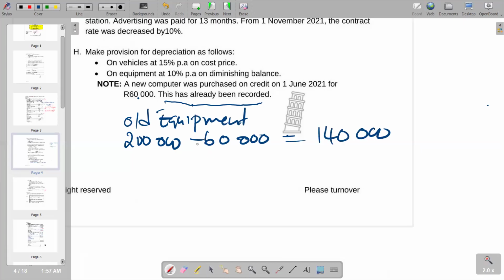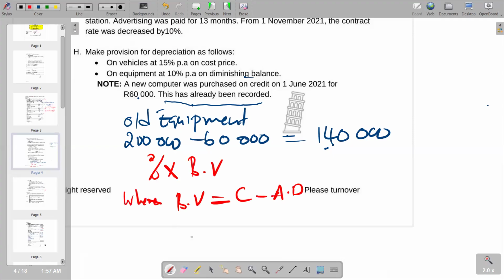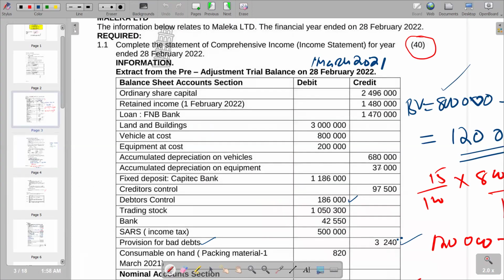So basically that's what we have. And then remember we're using diminishing balance, and then we need the book value, which is cost minus accumulated depreciation. So for the calculation of book value here, our cost is 140,000, and the balance is 37,000. So subtract 37,000.